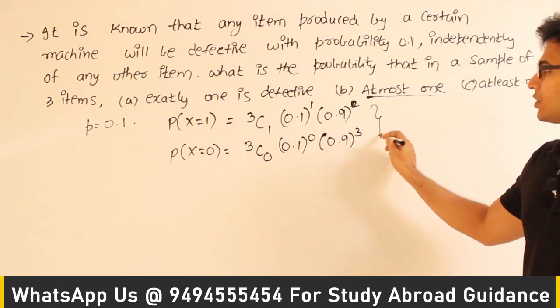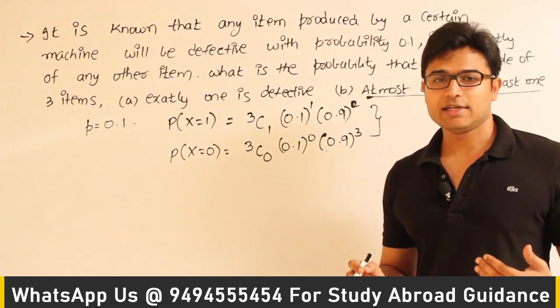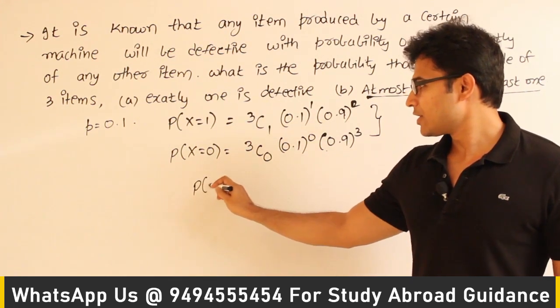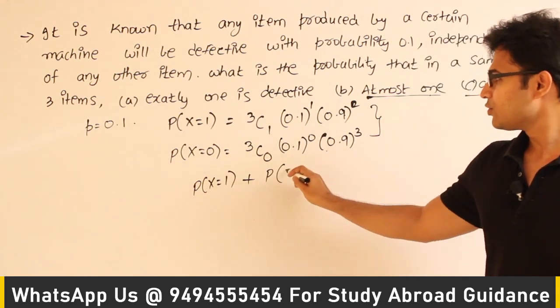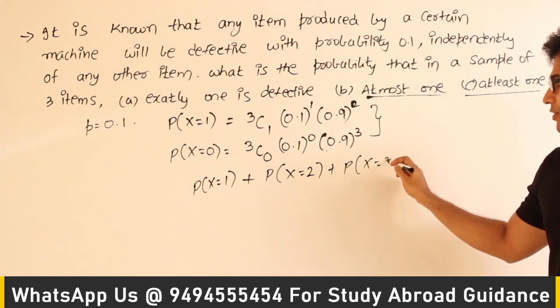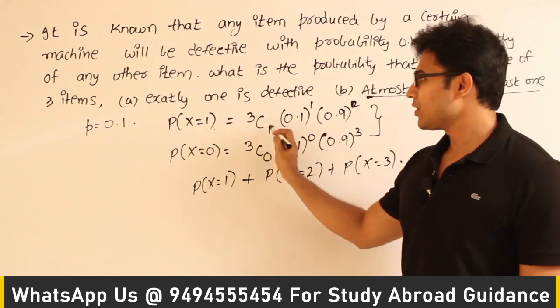If you sum these two up, you get at most one defective piece. And C is at least one defective piece, which means the probability that one is defective plus the probability that two are defective plus the probability that all 3 are defective. For X equal to 1, we have already seen this.